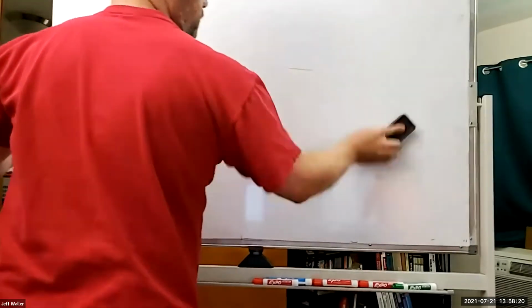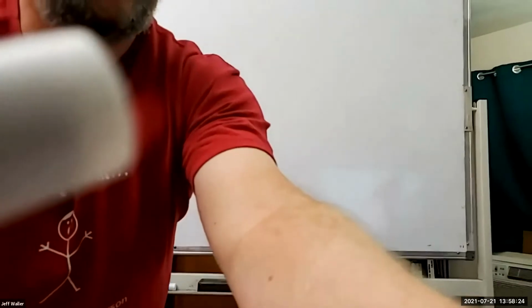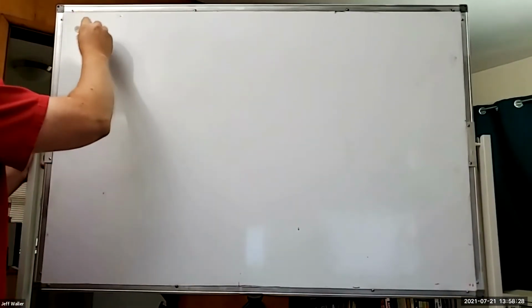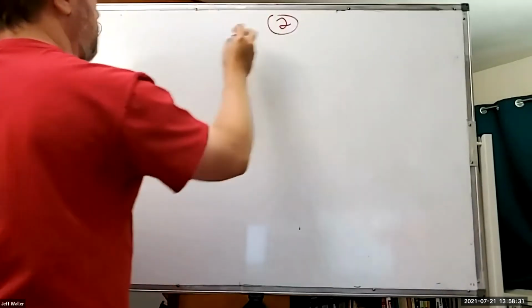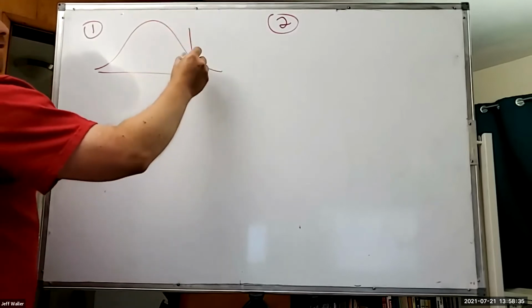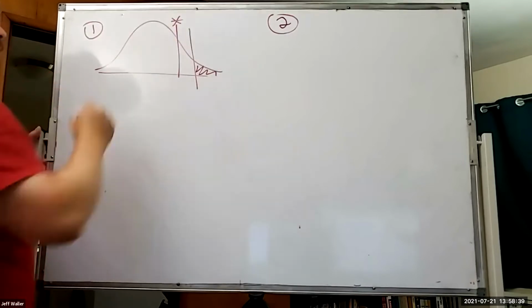So watch this. I think this is the best way to make this really simple. Let's say I have the two situations we just discussed. One situation is, here's the rejection region, and we don't get in there.